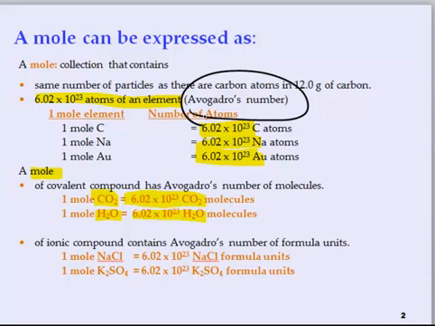So you can pretty much take out the decimal and see what a large number this is. Avogadro's number is used for a collection of items, of atoms, molecules, or ions.